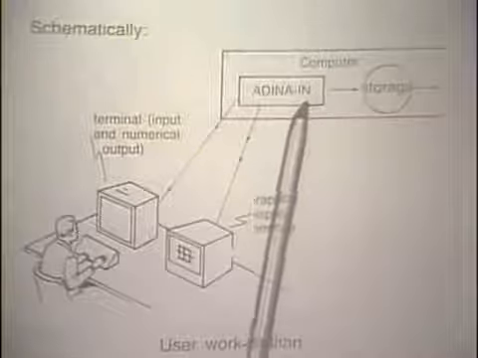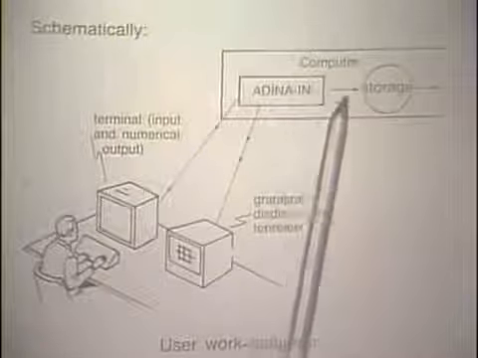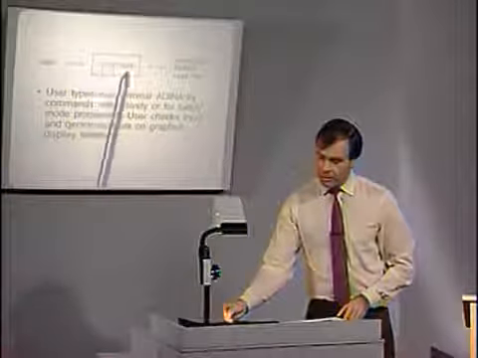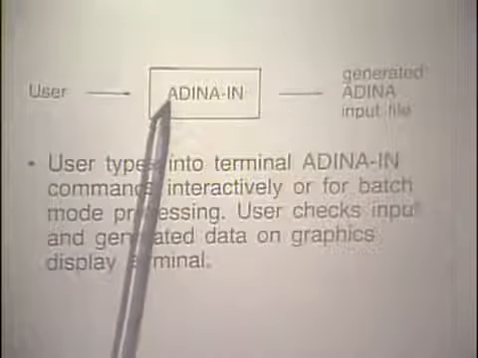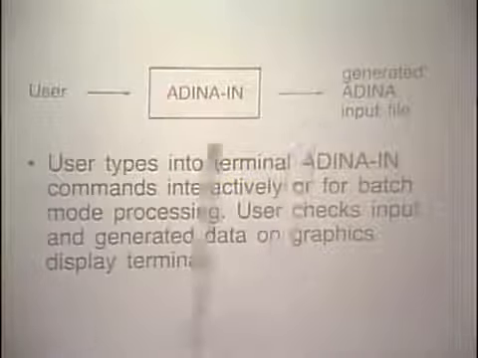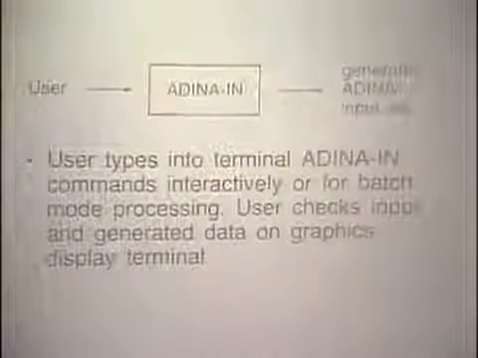Notice ADINA-IN, of course, communicates to a storage device and further on to ADINA, as we will discuss just now. The user inputs, in other words types into the terminal, ADINA-IN commands interactively or for batch processing, and then the user also checks the input and the generated data on the graphics device, as I showed you on the previous view graph.